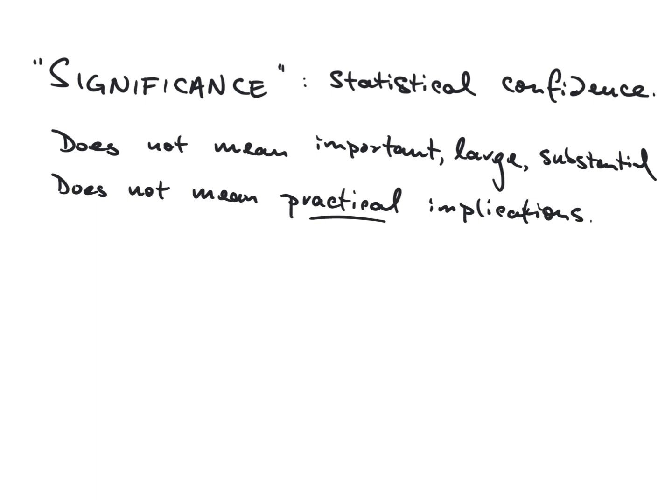What do I mean by practical? In this sense, I mean, like, would you take action on it? Like, does it change the way that you do things? And statistical significance is a way of determining whether something is true, yes or no, but it doesn't tell us whether it's important enough to do something about it.